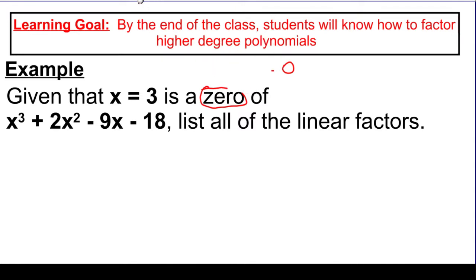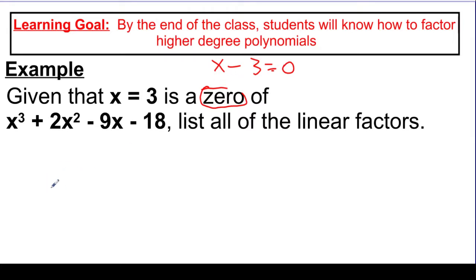If I replace that question mark with x minus 3 and said x minus 3 equals 0, my answer would be x equals 3. So x equals 3 is a 0 because x minus 3 was a factor. And when we did the grouping method, x minus 3 was one of the factors. So I'm going to use that knowledge to get me that solution, this 0, and use that to do a division problem.